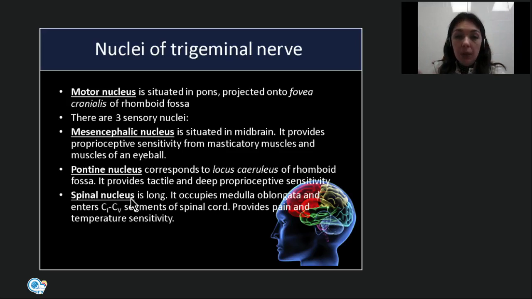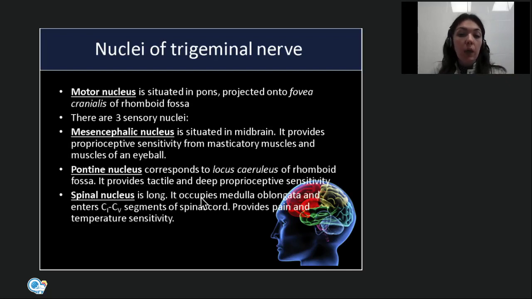It is described here. So the mesencephalic nucleus, once again, provides proprioceptive sensitivity from masticatory muscles and muscles of an eyeball. The pontine nucleus corresponds to the locus ceruleus of the rhomboid fossa. It provides tactile and deep proprioceptive sensitivity, so touch and pressure. And the spinal nucleus is long.